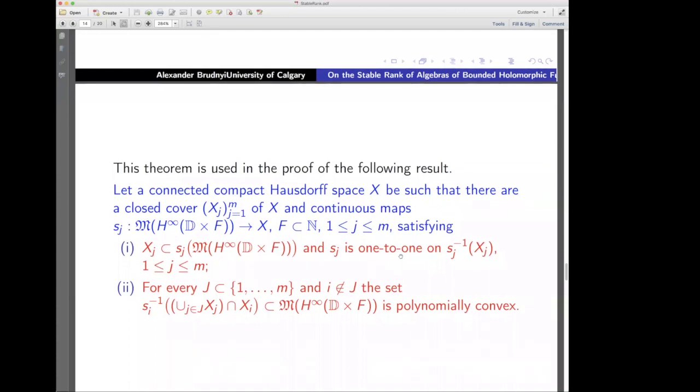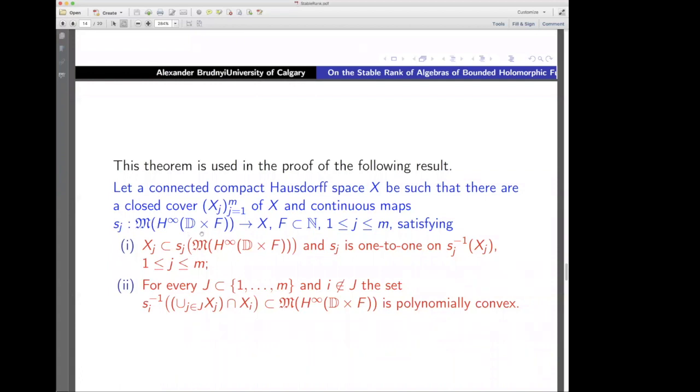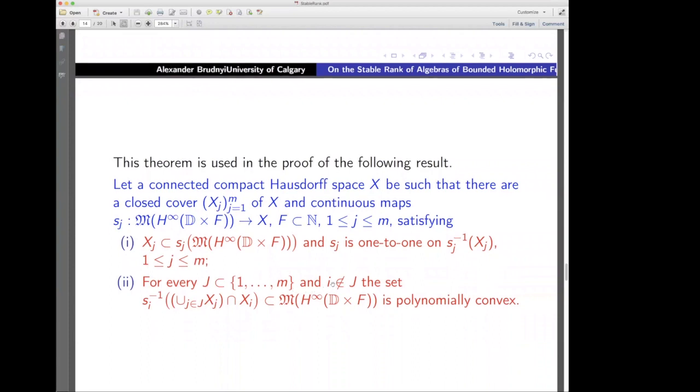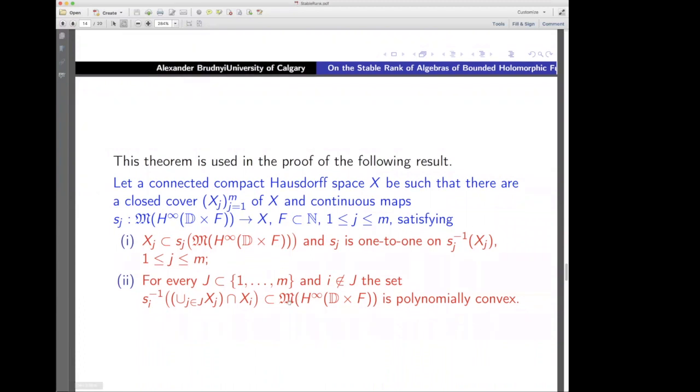And moreover, Sj is 1-to-1 over Sj inverse of Xj. Roughly speaking, Xj sits not only in X, but also sits inside of this maximal ideal space. And second, what is important, for every j from 1 to m and any i outside of the set J capital, the intersection of the union of Xj, j belonging to J capital, with Xi, and then the inverse with respect to Si, is polynomially convex inside of this set.